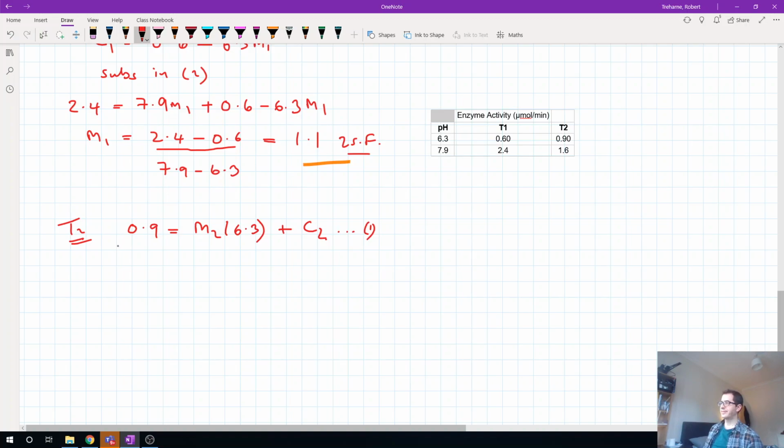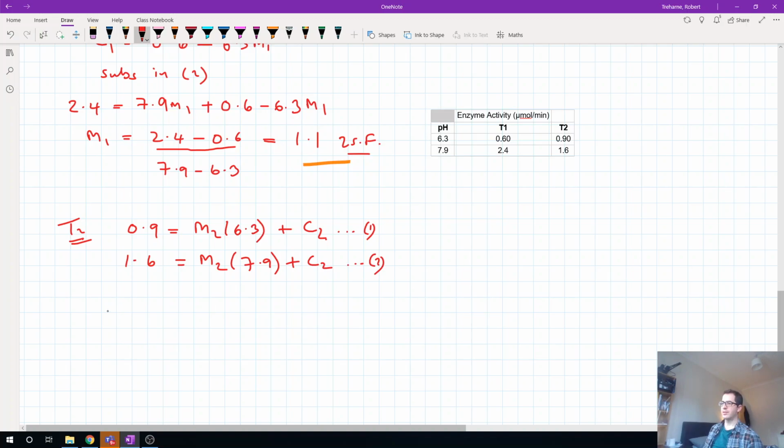And then I've got 1.6 is equal to m2 times 7.9 plus c2 again. Check I'm doing that right. Yeah.